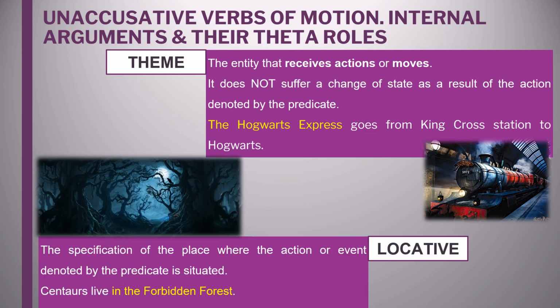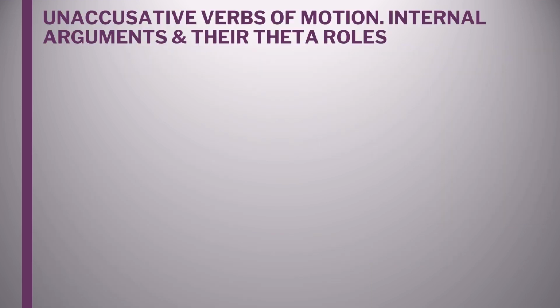Another theta role associated to verbs of movement is that of locative, and it specifies the place where the action or event denoted by the predicate is situated, as in centaurs live in the Forbidden Forest. Here, the PP in the Forbidden Forest receives the theta role of locative. Apart from theme and locative, intransitive unaccusative verbs of motion can also assign the theta role of source.